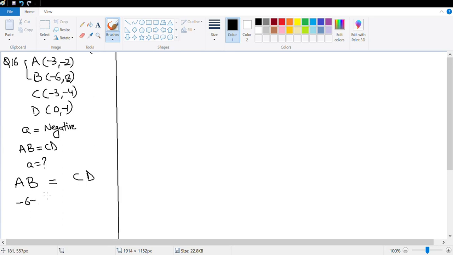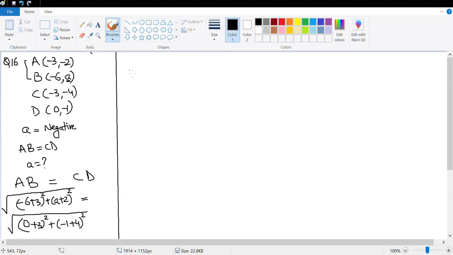Negative 6 minus of negative 3, that's plus 3 whole square, plus A minus of minus 2, that's plus 2 whole square. So that's the distance of AB, which is equal to CD. CD would be 0 minus of negative 3, that's 0 plus 3 whole square, plus negative 1 minus of negative 4, that's plus 4 whole square, square root.